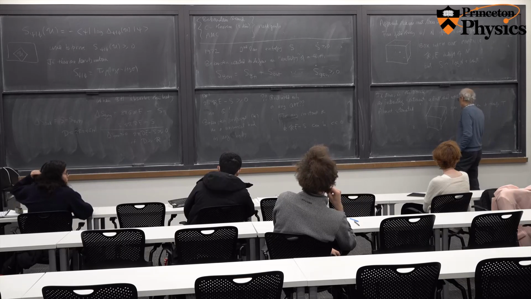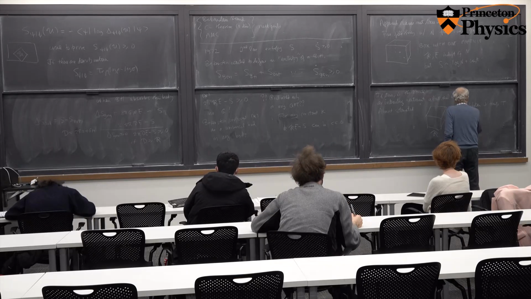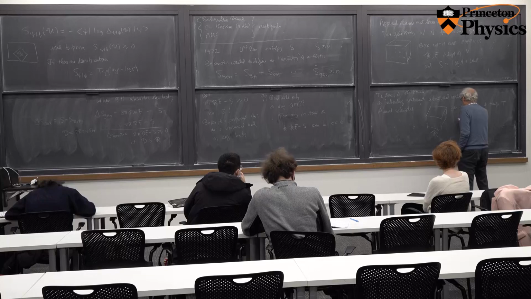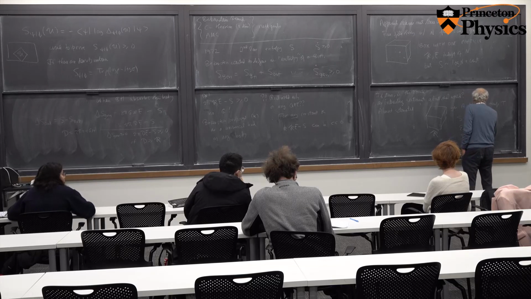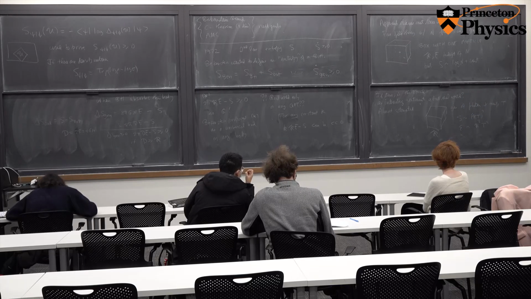So if you have a box of size R and temperature T for a black body, the entropy will be of order RT cubed. And the energy is actually going to be of order the volume of the box R cubed times the energy density of the black body, which is T to the 4th.